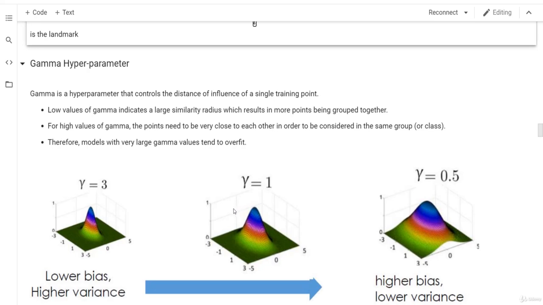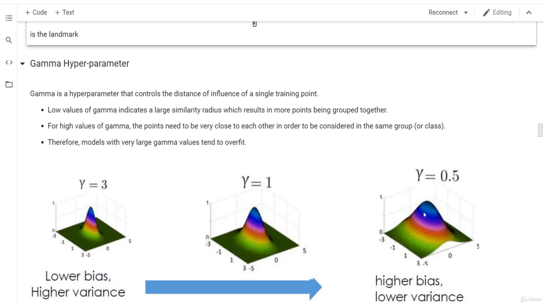So the data points need to be very close to each other in order to be considered in the same class or group. If we have models with very large values of gamma, then these models will tend to overfit, because the points need to be very close to each other to be considered in the same group.